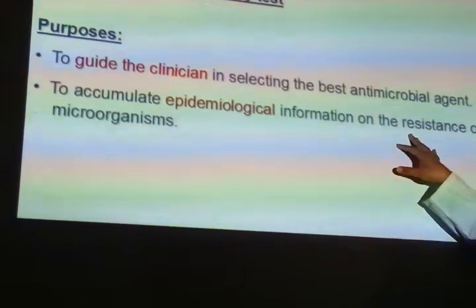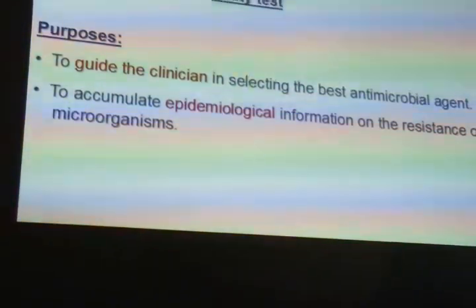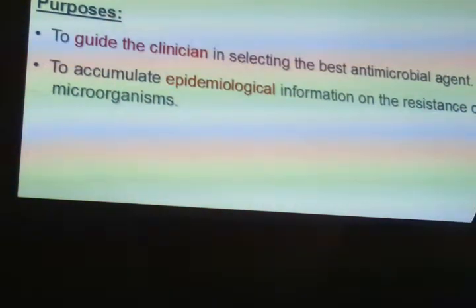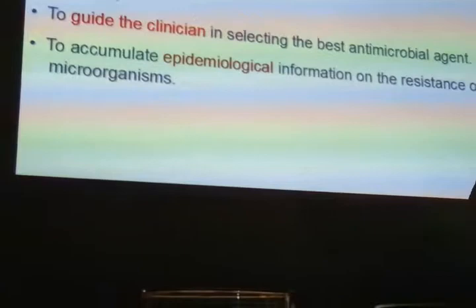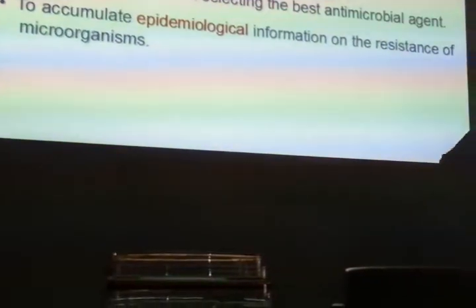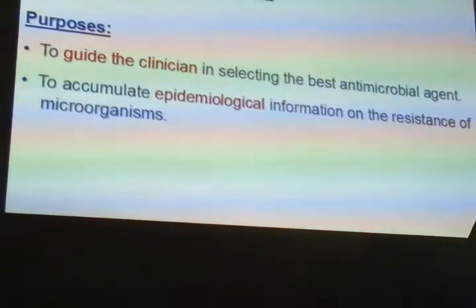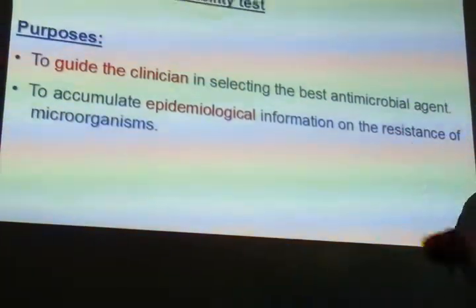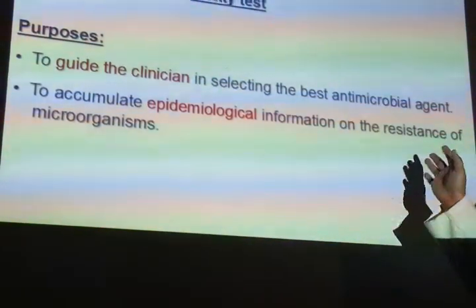Next is for information. For example, previously some bacteria were susceptible to penicillin, but now there is resistance. Many bacteria now in the ICU, such as Acinetobacter, Pseudomonas, MRSA, are not susceptible to any antibiotic now. We give them many antibiotics, the patient still dies, no effect. Why?